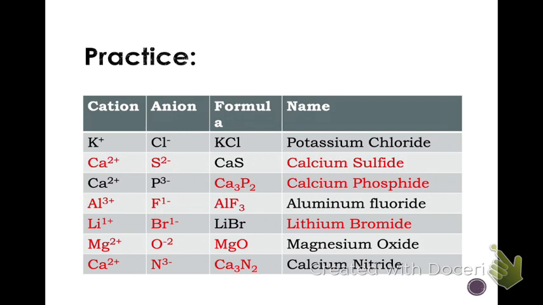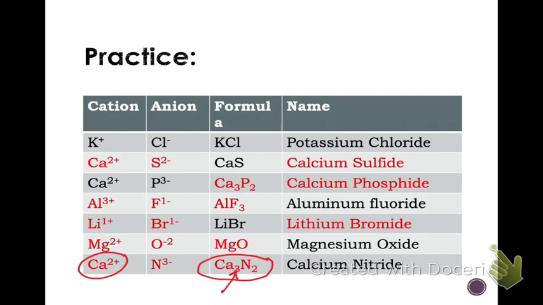So a couple of things to notice. And remember, ions have a charge, and it's written as a superscript. It's written up high. Formulas for compounds do not have any charges. There's no superscripts. There's only subscripts.